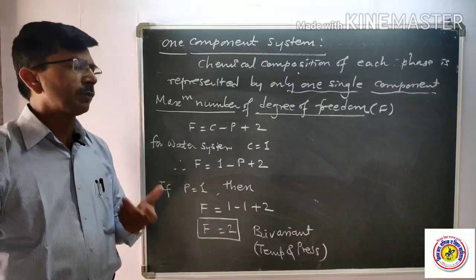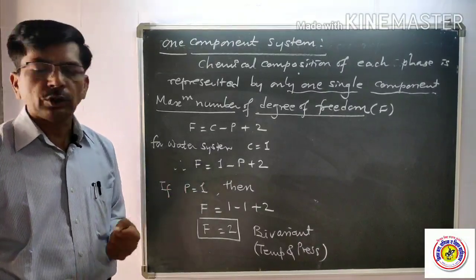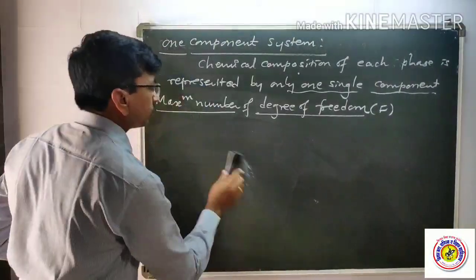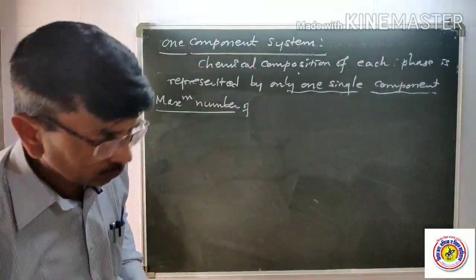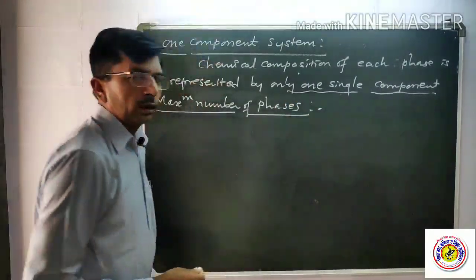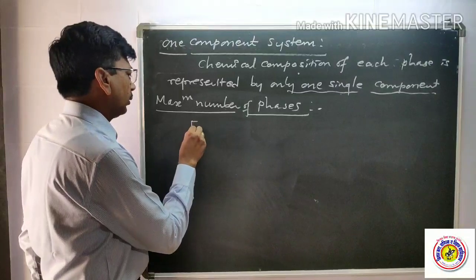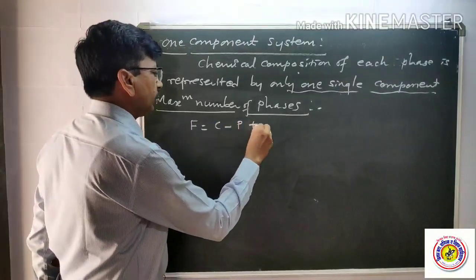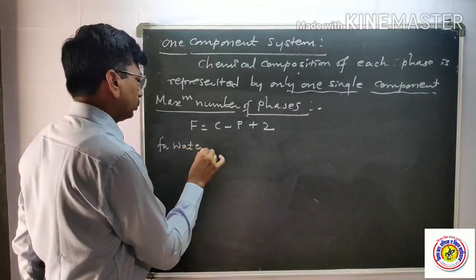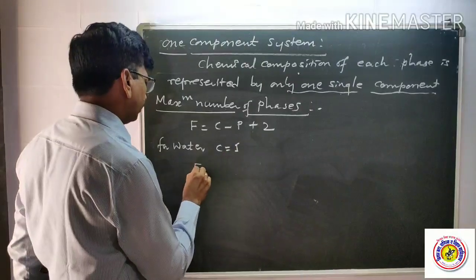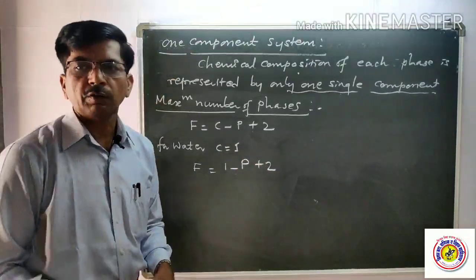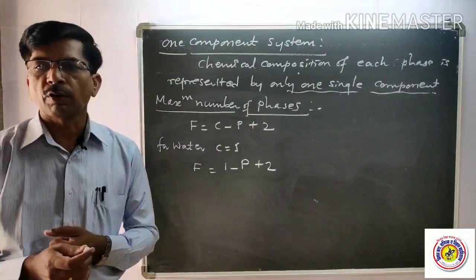Now we calculate the maximum number of phases possible in the one component system. We know the equation F is equal to C minus P plus 2. In the water system, C is equal to 1, therefore F is equal to 1 minus P plus 2. Our intention here is to find the number of phases.